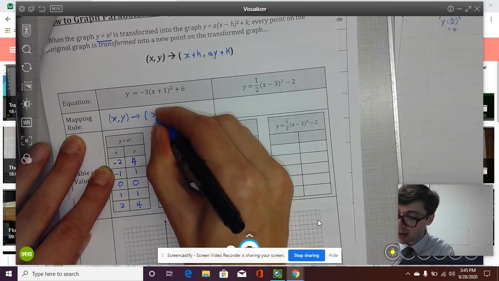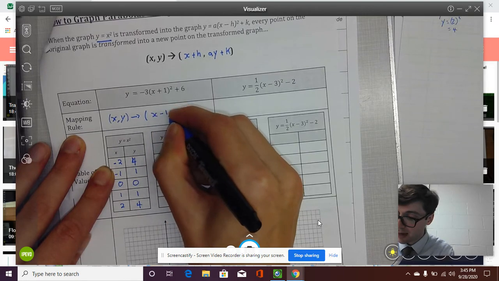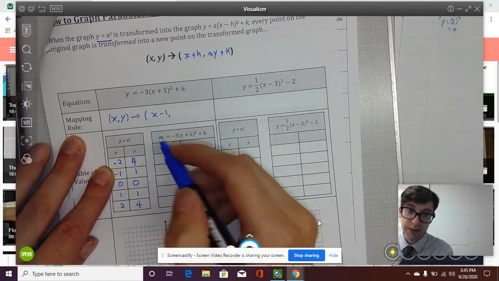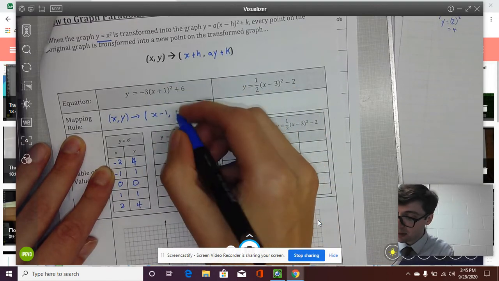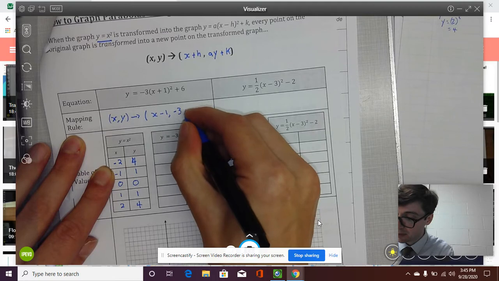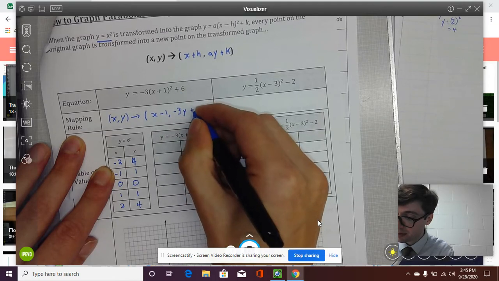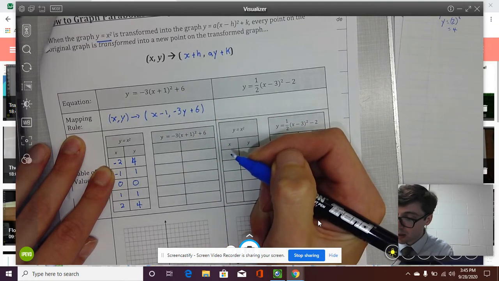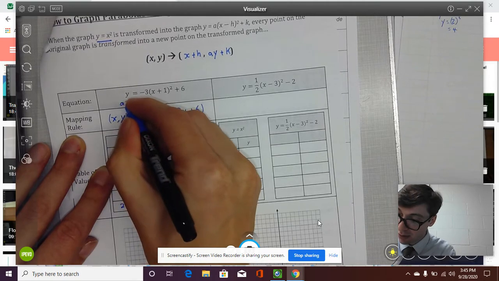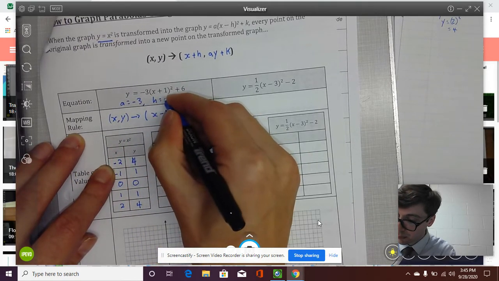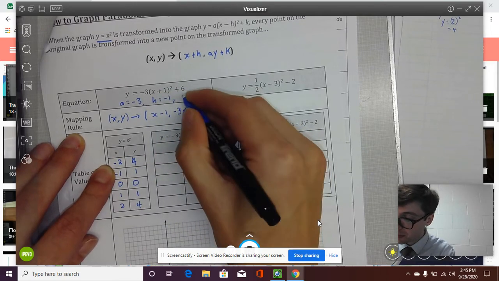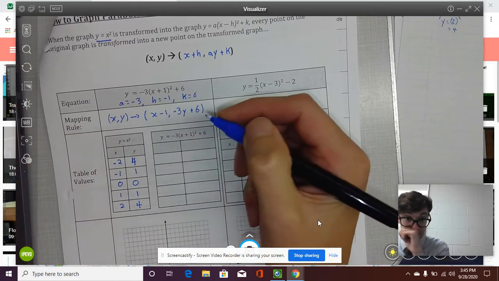So I'm going to take away 1 from every x, which is the same as moving every x to the left. Then I'm going to do ay plus k. Well, a is -3. It's going to be -3y plus k, which is 6. So it may help you if you want to write out each time, well, what's a, what's h, remember to flip it, and what's k. So that might help us make the mapping rule.